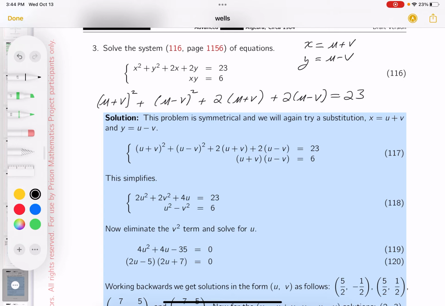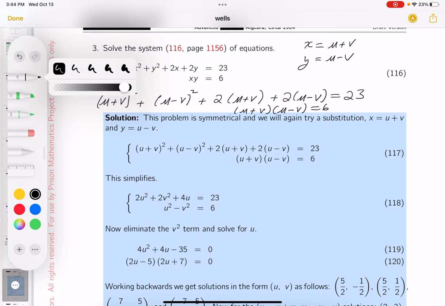I'll simplify that later. But I want to do the bottom equation too, because who knows, maybe something nice is going to happen. What do you get? (u plus v)(u minus v) equals 6. Here comes a problem. When I say problem, it could be a dead end. And the worst part about a dead end is you have to back out of it. This might be a really tough dead end to get through, but I don't think it looks that bad.